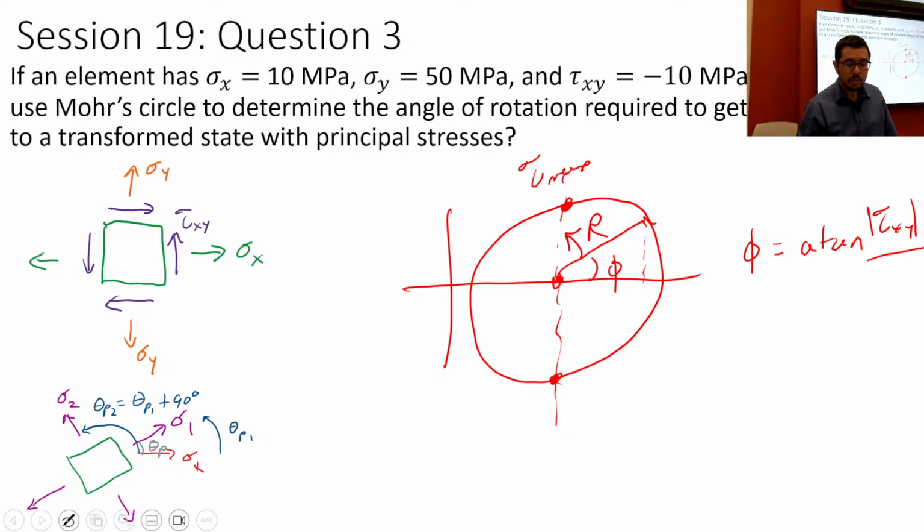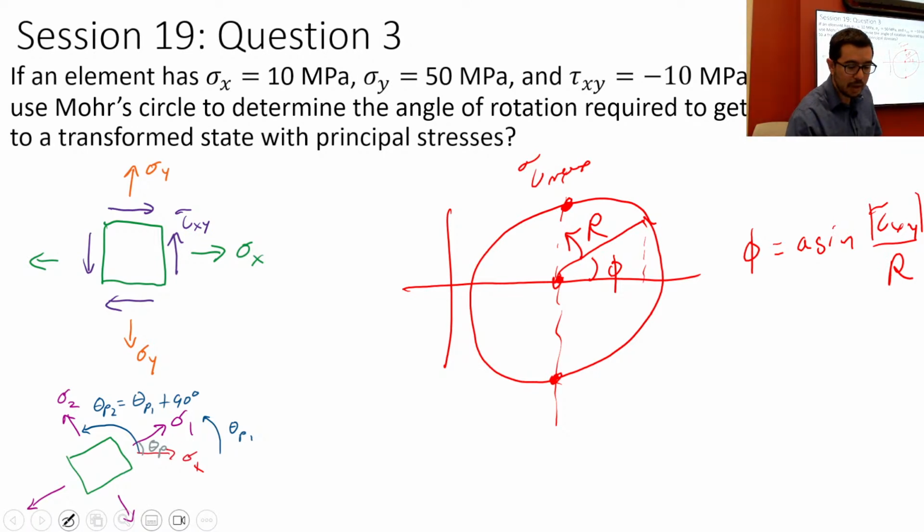Actually, I don't have to do arctangent. I can make it easier. Since I know that, I could say that it's actually the arcsine of tau xy over R. That makes it a little bit easier.